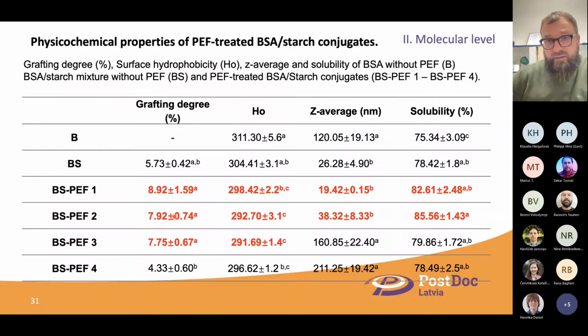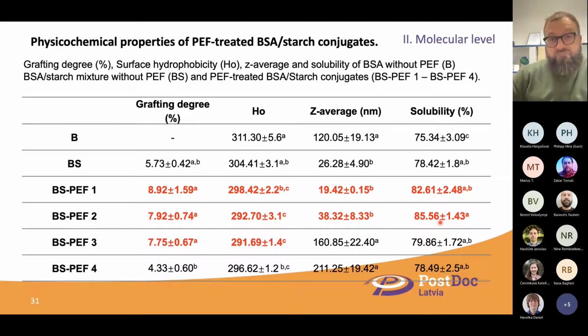What we get from these treatments is that the conjugates change some physical-chemical properties, let's say the grafting degree, and, very importantly, the surface hydrophobicity. It's not changing too much, but still it's changing, and the particle size and solubility are changing too.